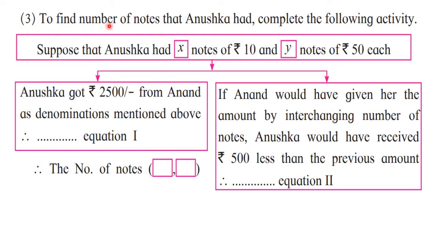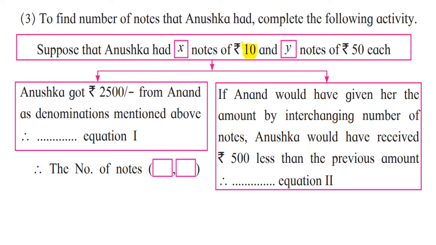To find the number of notes that Anushka had, complete the following activity. Suppose that Anushka had x notes of rupees 10. Now see, whatever I am having is the old edition of the textbook. In that old edition, you can see this is a printing mistake. This 10 should not be there.